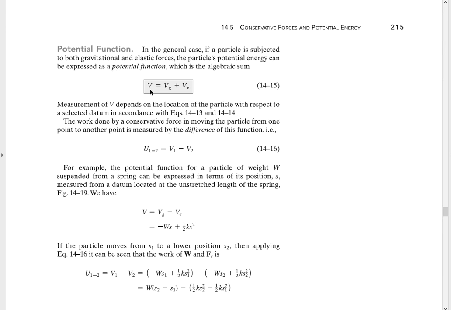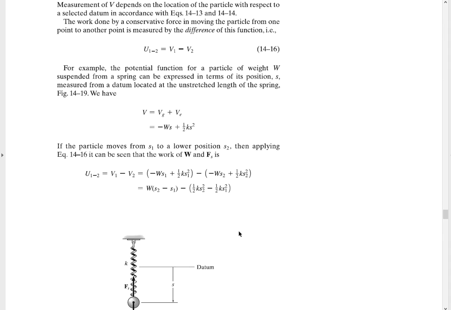Anyway, so the potential function V is gravitational potential plus elastic potential, and the work done between two instances of the particle, or systems of particles as we saw earlier, between positions 1 and 2 is going to be the difference between the potential function at the beginning and at the end. Okay, so we can make explicit what the gravitational and elastic potentials are, and then write them for position 1 and position 2.